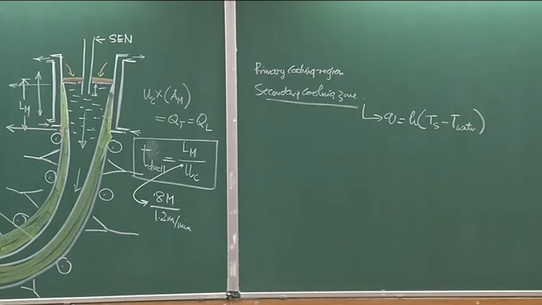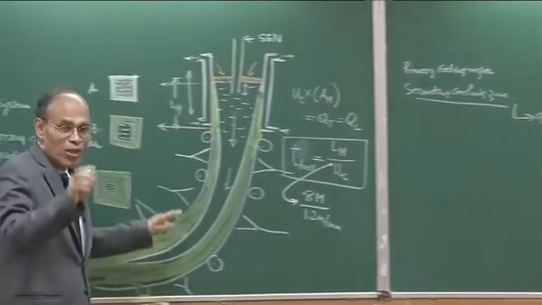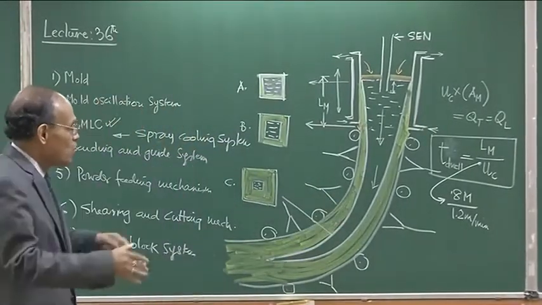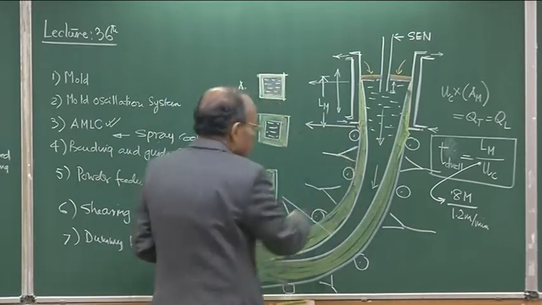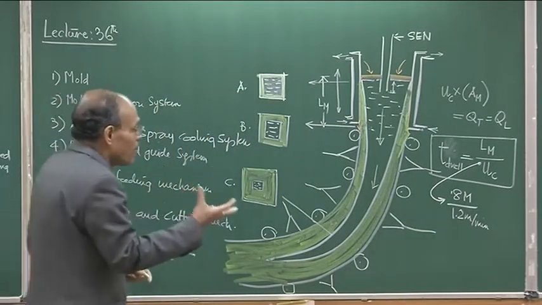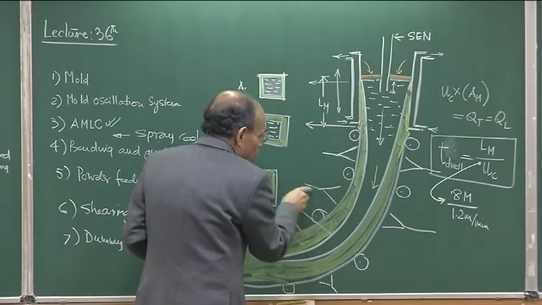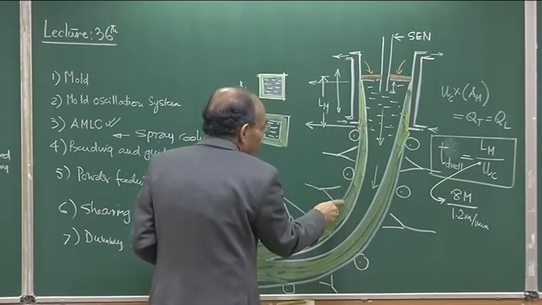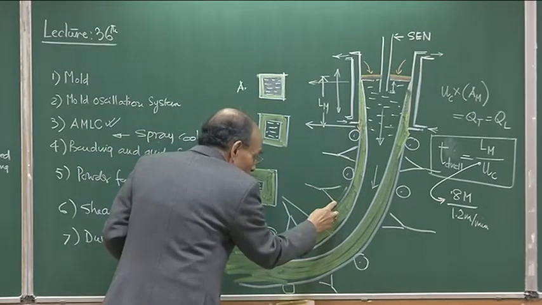The heat transfer coefficient also can be enhanced significantly, because it is a very complex subject what is going on when a water jet hits steel at 1400 degree centigrade. So, this is a case of boiling heat transfer actually. One has to understand there is quite a bit of complexity in how heat extraction really takes place. There is also a film, because gas vapor forms at the surface. The water jet temperature may be just 30 degree centigrade, and it impinges on the surface where it is 1400 degree centigrade, but here it may be 1100 or 1200 degree centigrade, and as a result you have a skirt of gas envelope which forms here.